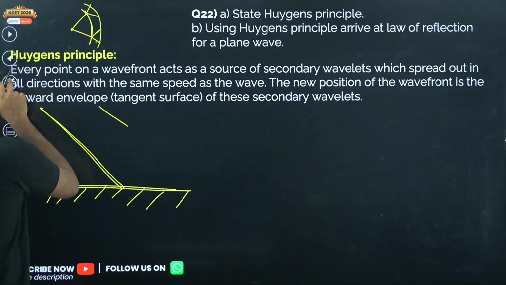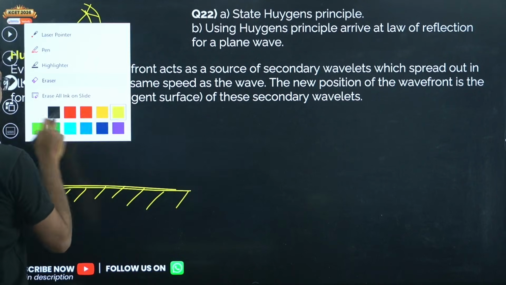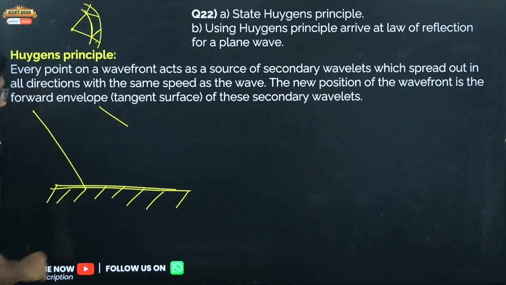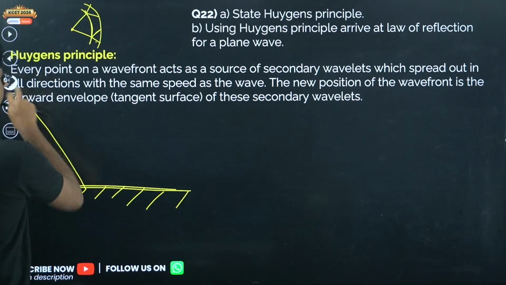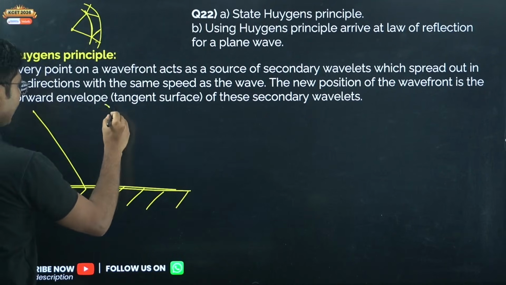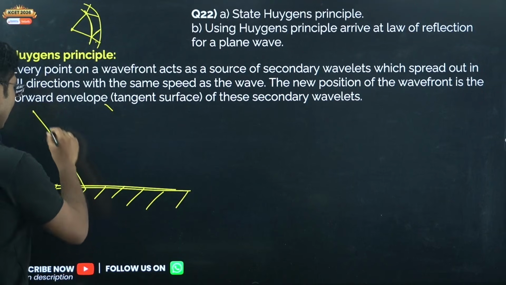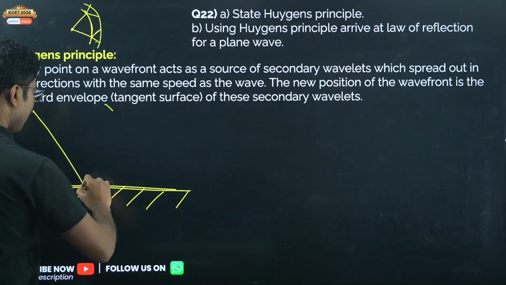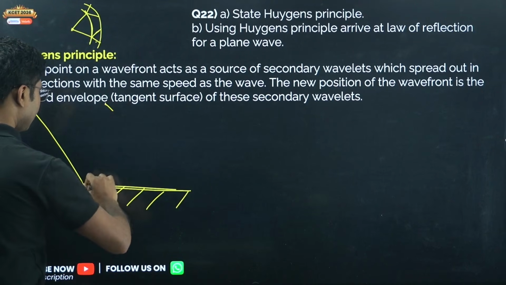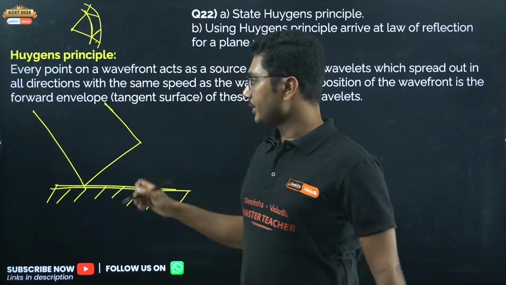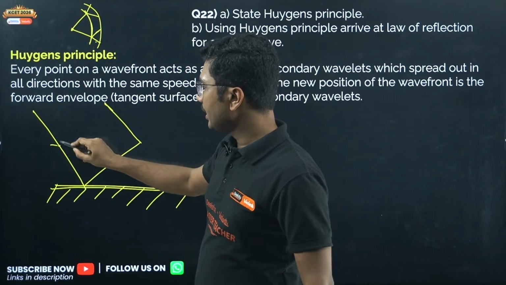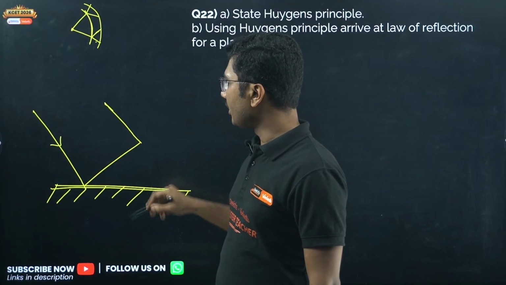Let me draw it a little more clearly. So this ray reached the surface faster, whereas its brother, which also started at the same time, reaches at some later time. By the time the first ray already reached the mirror, the second ray reaches only up to this point.